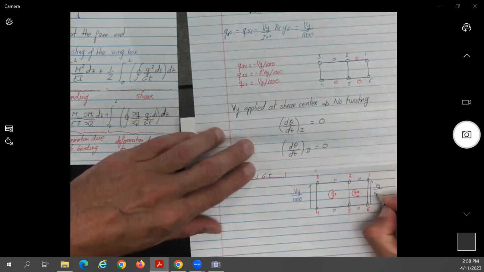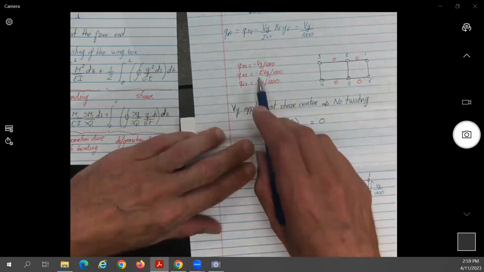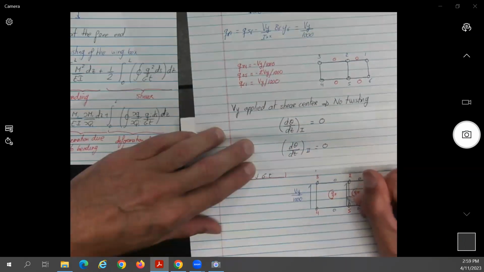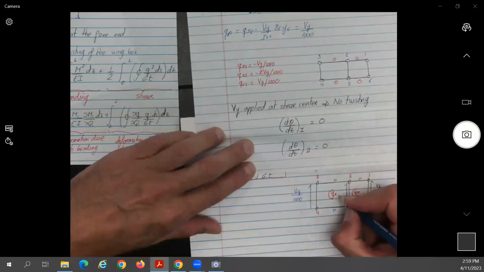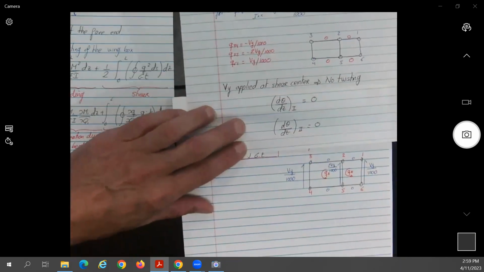Vy over 1000. And Q25, we find out Q25 to be negative, so it needs to go up. And the value of this one will be 2 Vy over 1000. I don't know if you can see it.